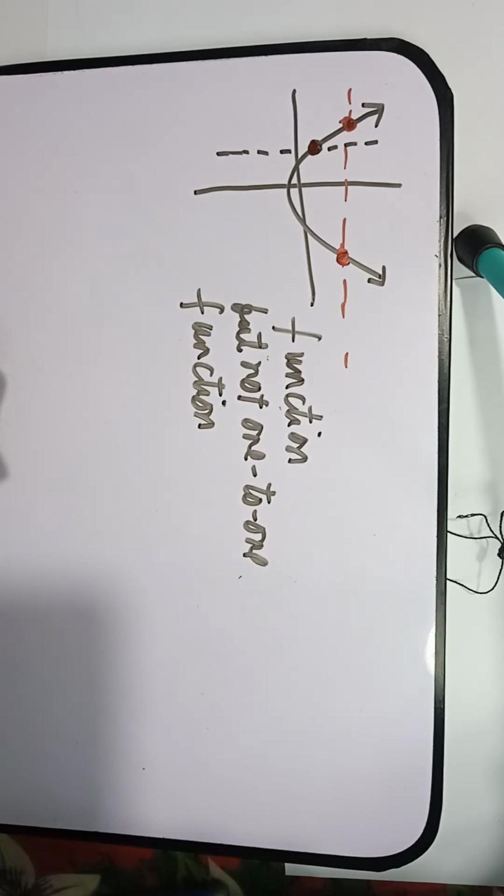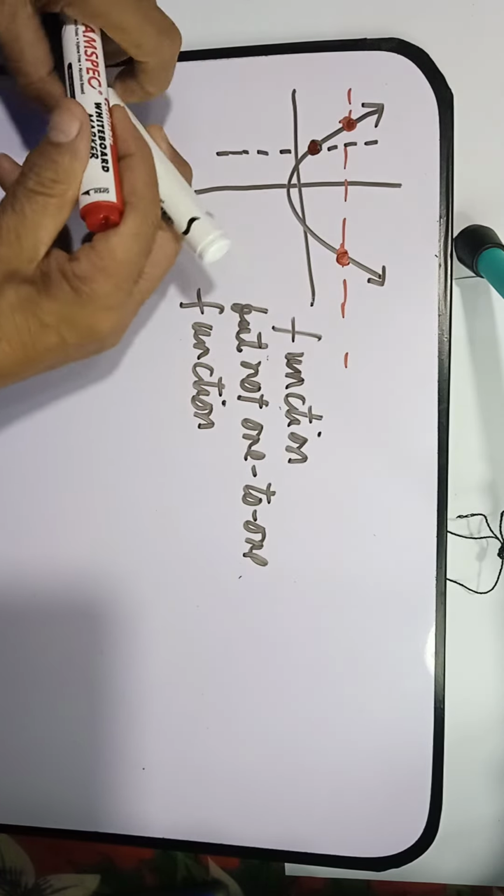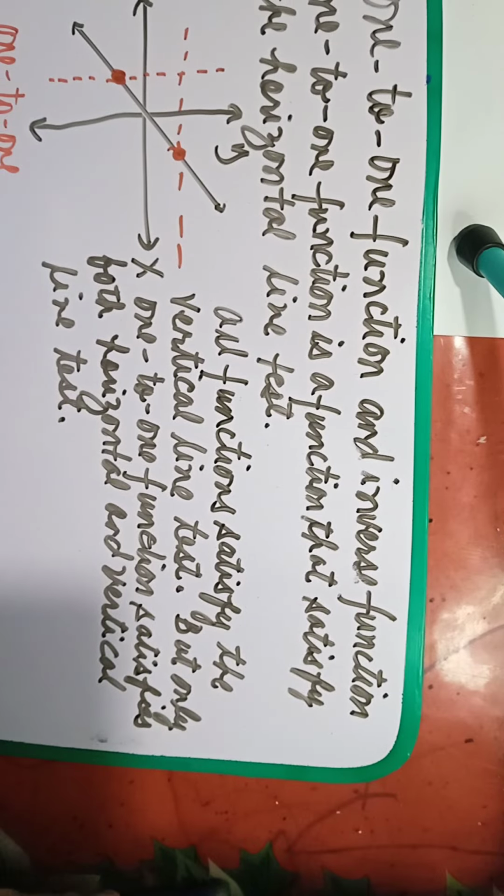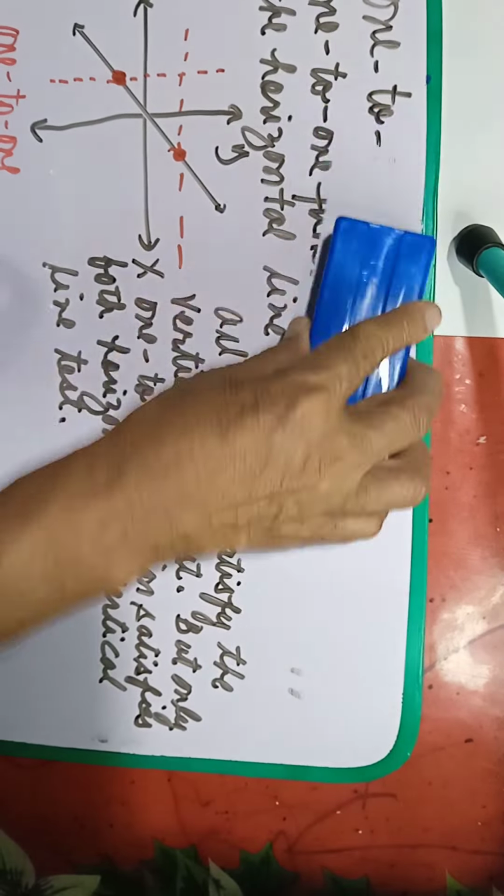Okay. So, these are illustrations of one-to-one function and not one-to-one function through the graph. Now, let's go to the table of one-to-one function.